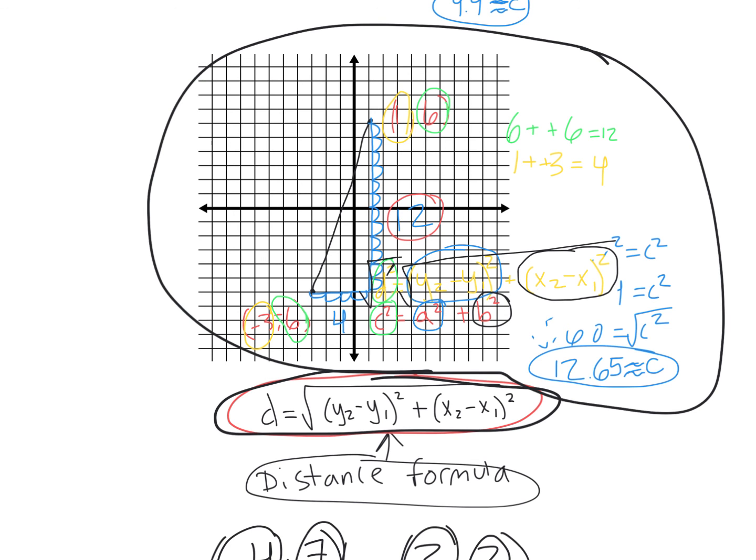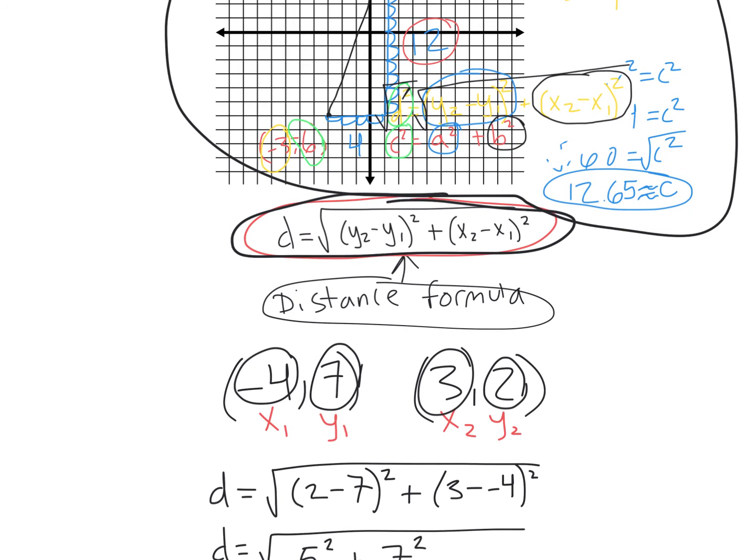Or if you can look at 2 coordinates and figure, okay, the difference between my x's and the difference between my y's are going to be my 2 legs, you can take those and plug them into the Pythagorean theorem, and you'll be able to get a correct answer. But this is a really user-friendly way of finding the distance between any 2 points on a coordinate plane.